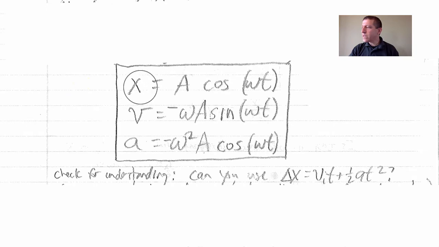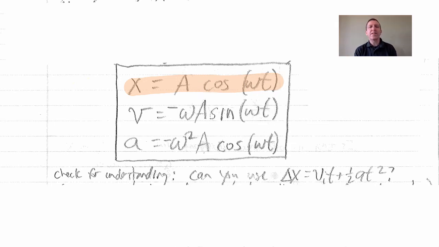Beginning with, we've already established that the position function is A times cosine omega t. If it starts at the maximum displacement, A, it'll be back at A when omega t equals 0, when omega t equals 2 pi, when omega t equals 4 pi, 6 pi, 8 pi, etc. It'll be back at this maximum displacement simply because cosine of 0, 2 pi, 4 pi, 6 pi, 8 pi, those are all equal to 1.